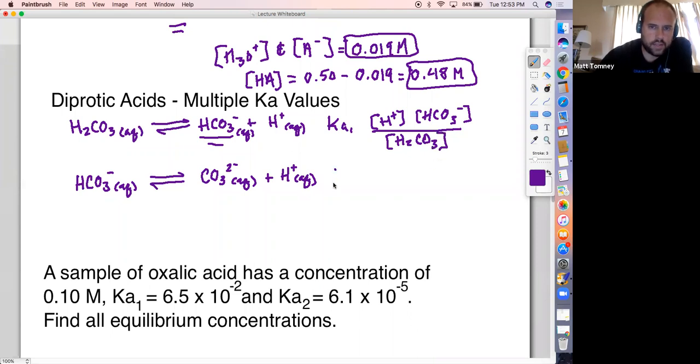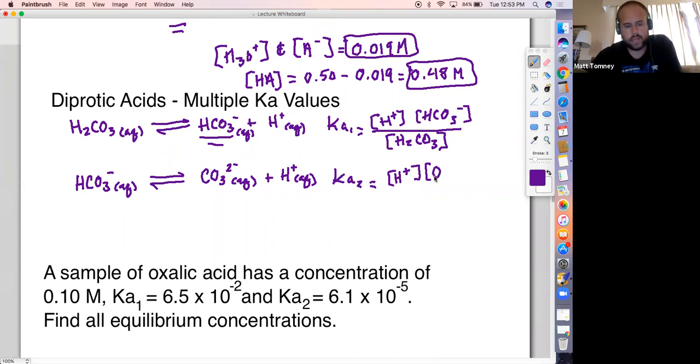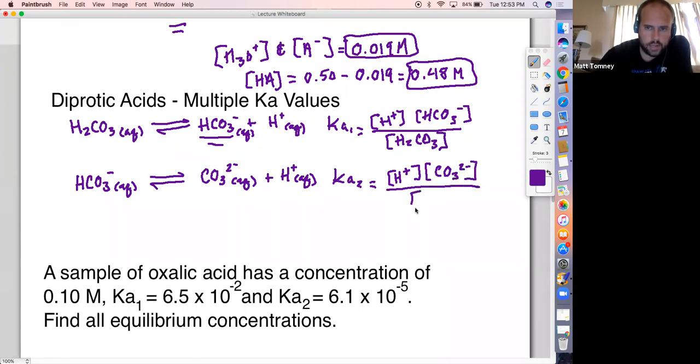And then I would say that there's a second equilibrium in solution, and that equilibrium is going to be equal to H plus and the carbonate anion over the conjugate acid base, which is HCO3 minus.